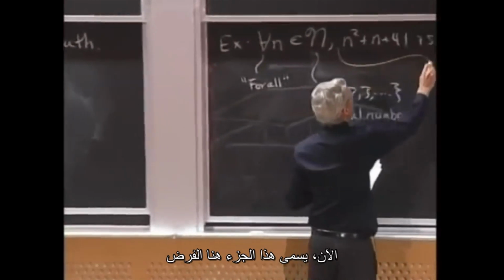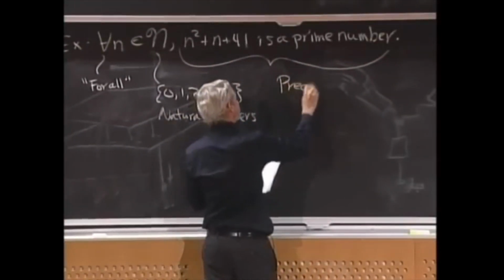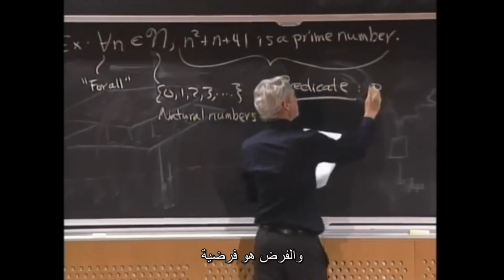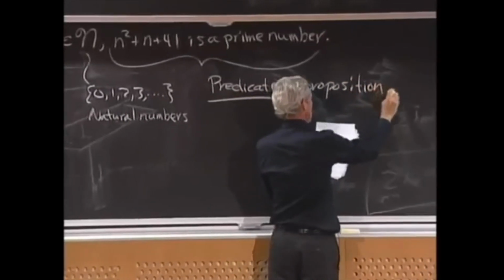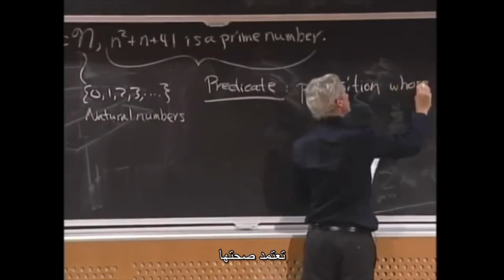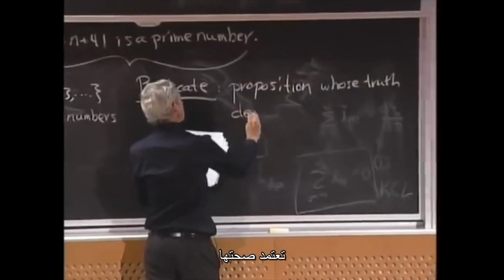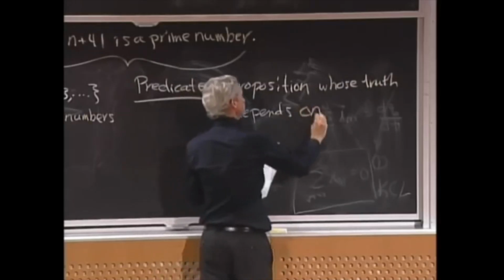Now, this part here is called the predicate. And a predicate is a proposition whose truth depends on the value of a variable.